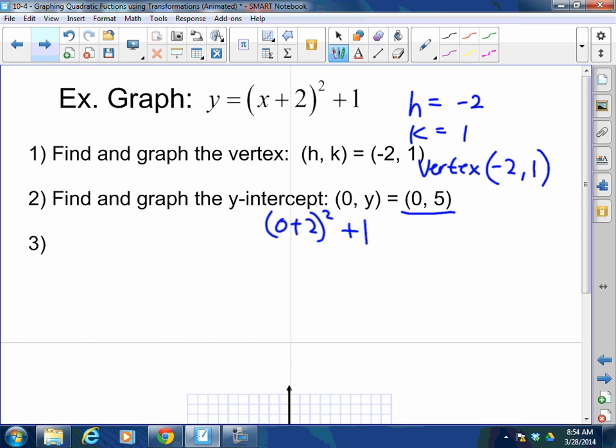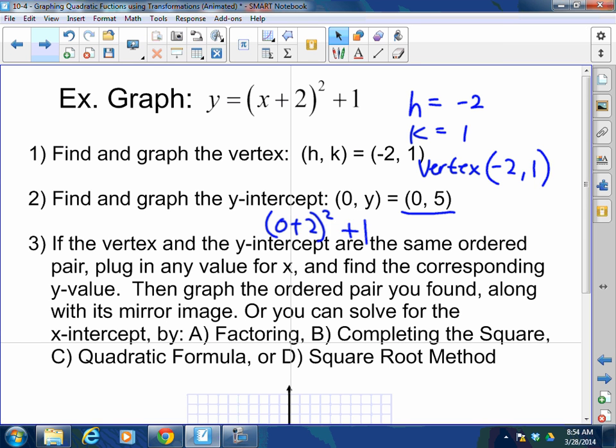That's my y-intercept. And then step 3, this only happens if the vertex and the y-intercept are the same ordered pair. If they are, plug in any value for x and find its corresponding y value, then graph the mirror image.